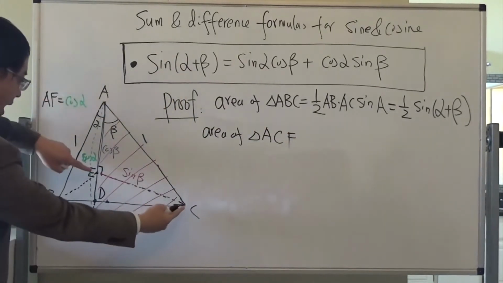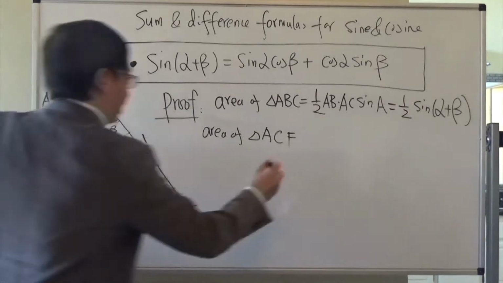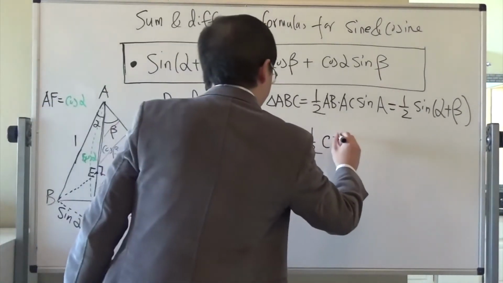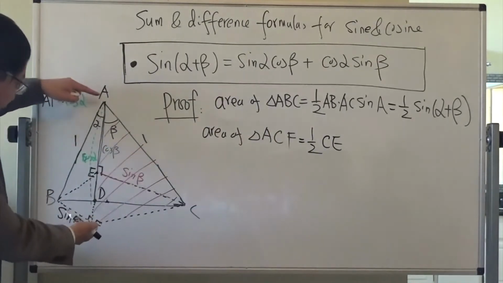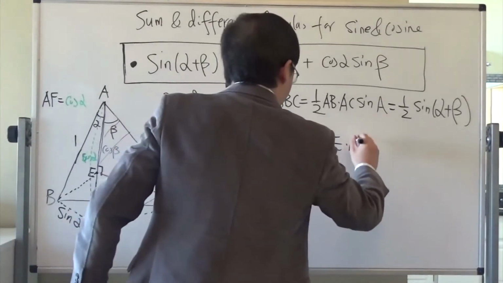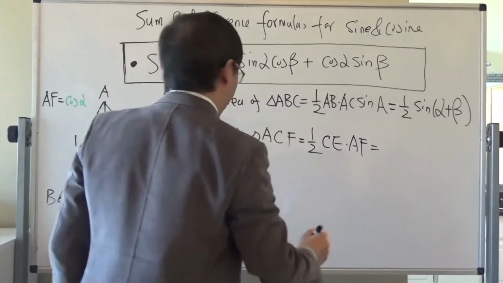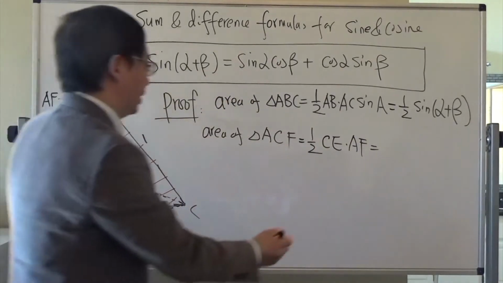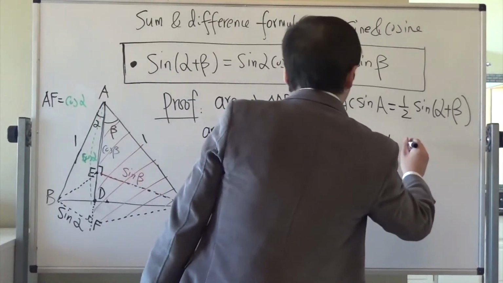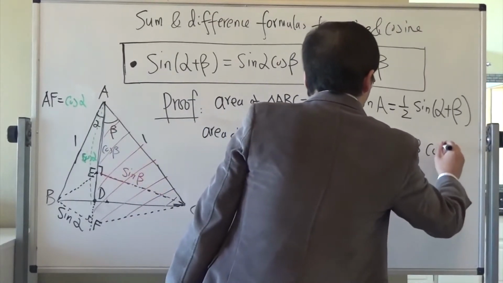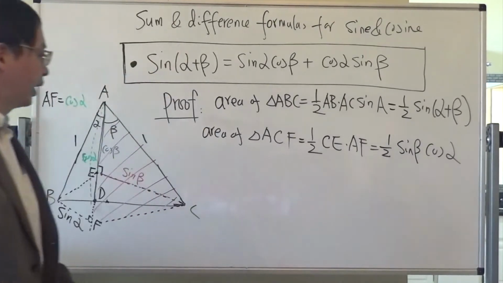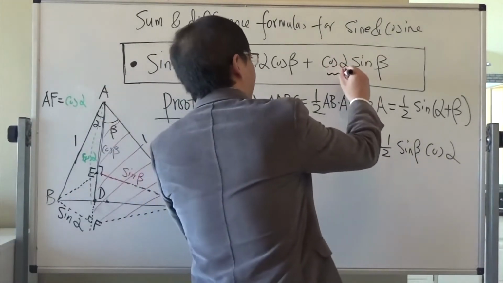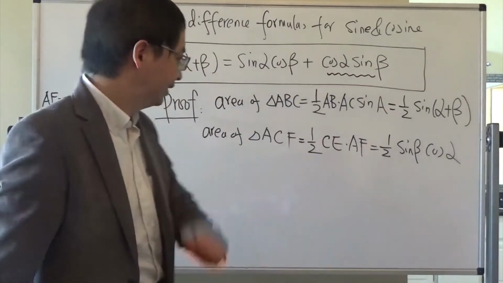We can do the height multiplied by the base, so this equals 1/2 times the height, that's CE, multiplied by the base, that's AF. If I replace CE and AF by sine beta and cosine alpha, this is just 1/2 sine beta times cosine alpha. Good, right? This term already appears.